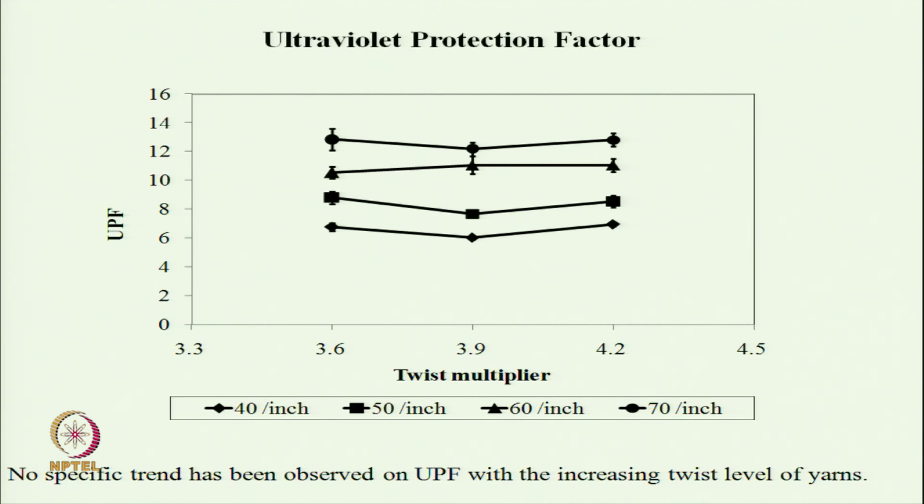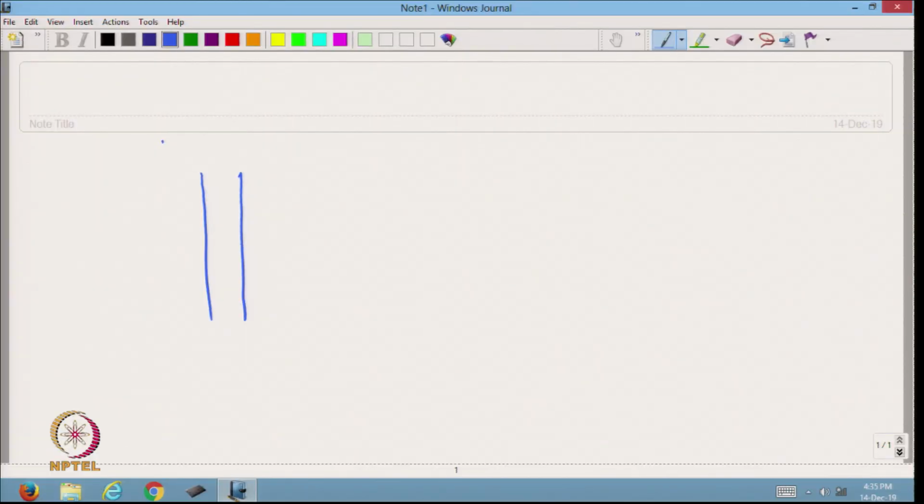The reason can be explained here in the two factors which I have already mentioned. This is at low level of twist and at high level of twist. Same yarn, if we increase the twist to a higher level, what happened?